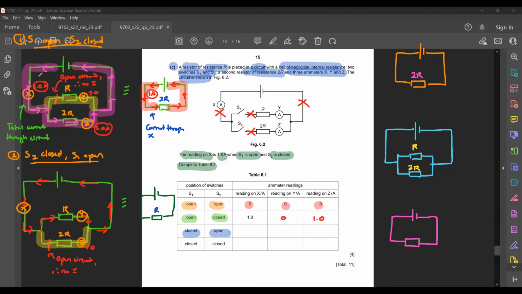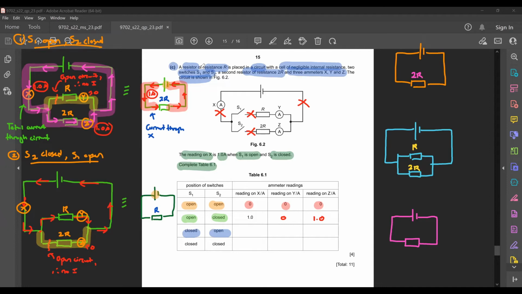Now, before we can work out the current for the second diagram, there's one thing that we need to realize first. The EMF value for both circuits is the same because the cell wasn't removed or replaced. The only thing that we did here was switch S1 and S2 on and off separately. So the EMF value for both circuits remains the same.